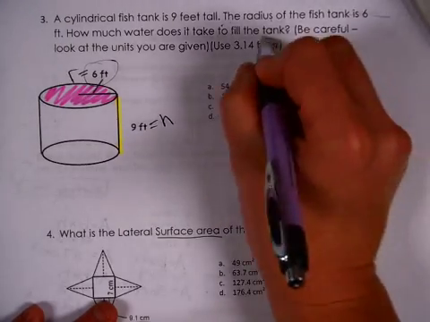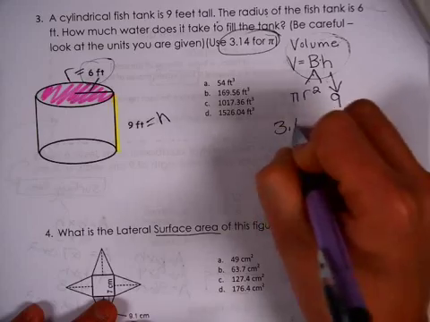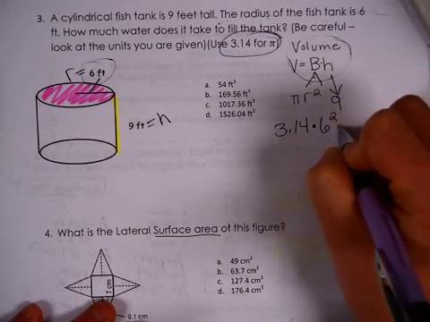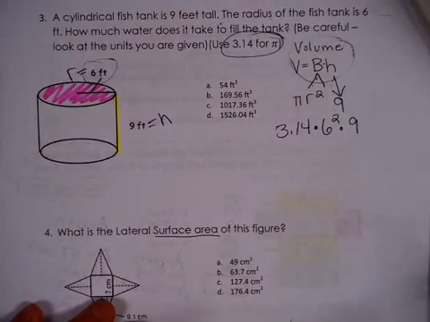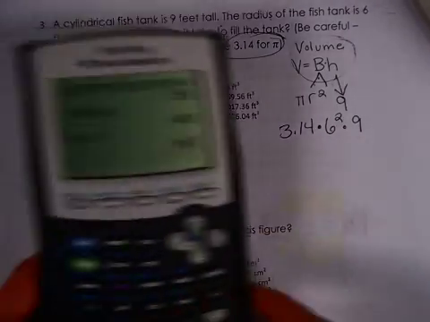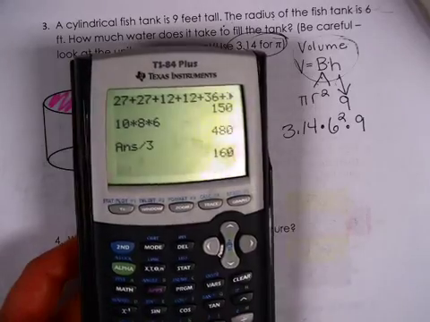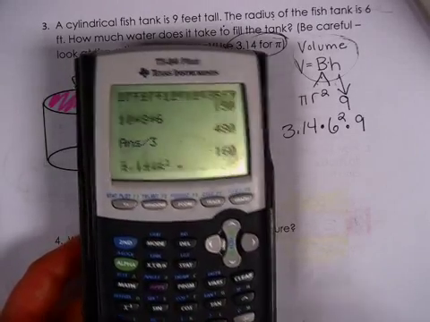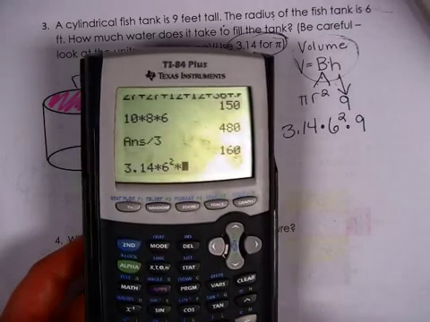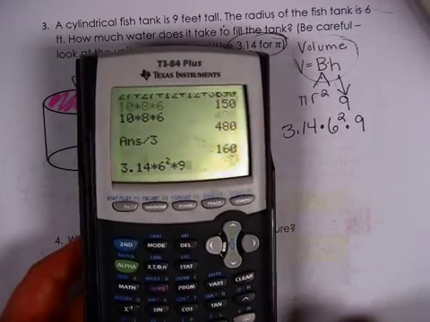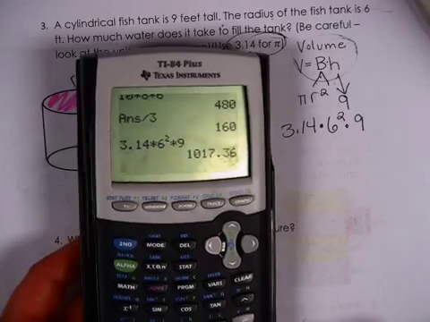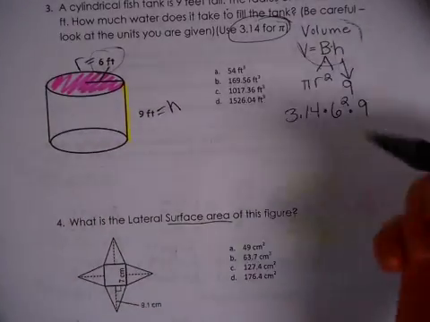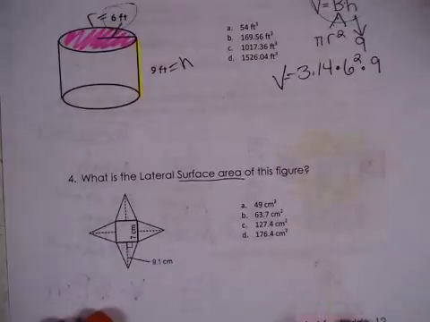So that's why you had to use 3.14. 3.14 times the radius 6 squared times 9. Okay. So 3.14 times 6 squared times 9. Your answer is 1017. It is one of those answers. Okay? That is how you find the volume.